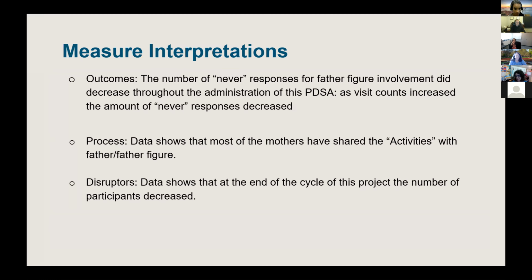The measured interpretation of outcomes: the number of never responses for father figure involvement did decrease through the administration of this PDSA. As visit count increased, the number of never responses decreased. Data shows that most of the mothers have shared activities with the father or father figure. Disruptors data showed that at the end of the cycle of this project, the number of participants decreased.